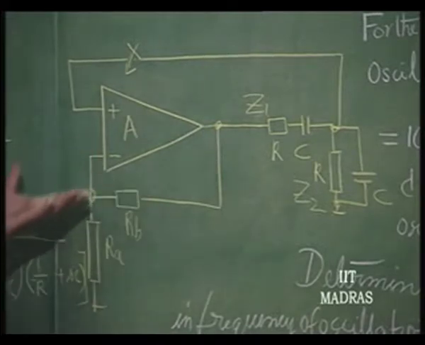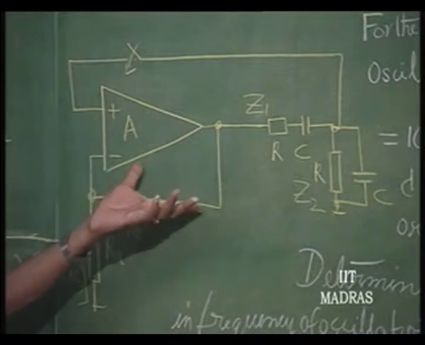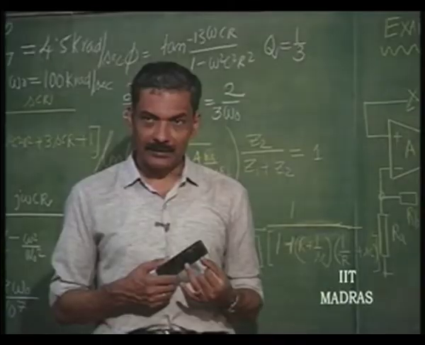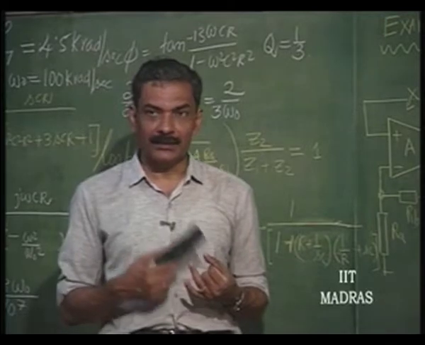At low frequency, the phase error itself is going to be very small. So, it can be only used for low frequency applications. For high frequency, it is better to use wideband amplifiers, and it is better to use LC oscillators for the purpose of frequency stability.